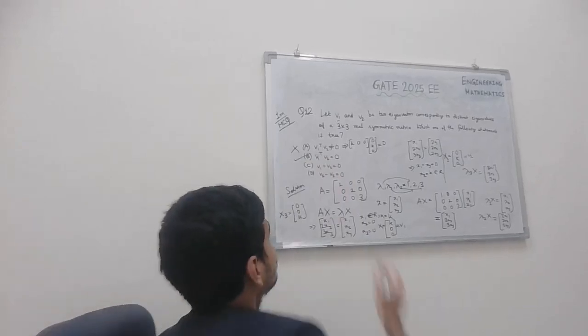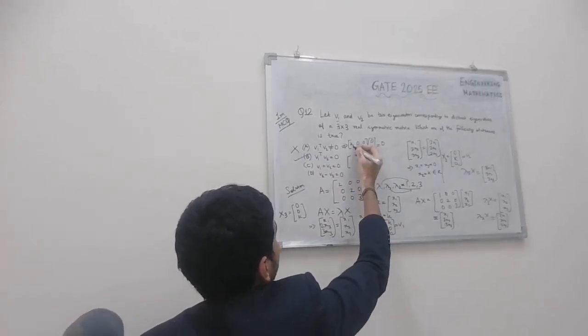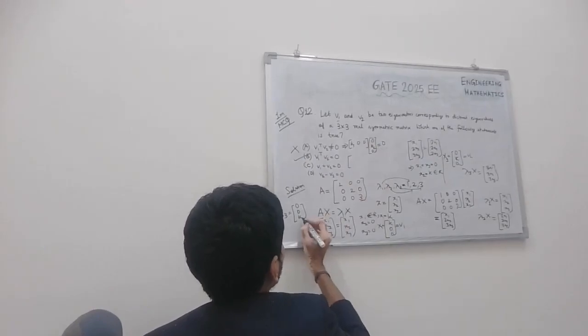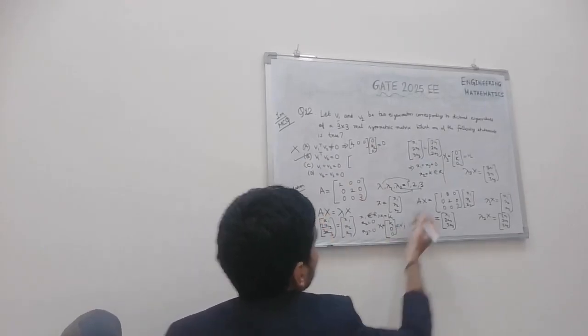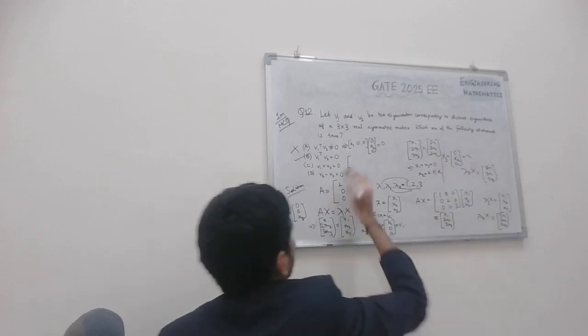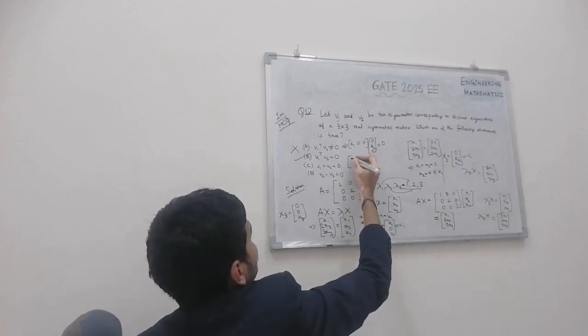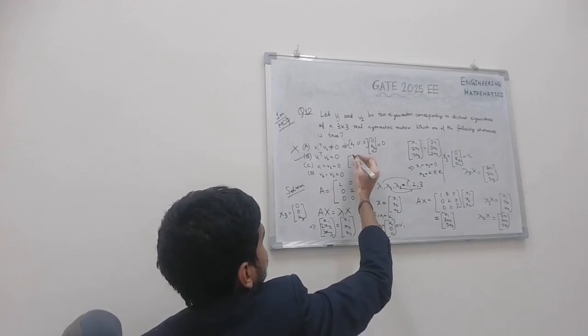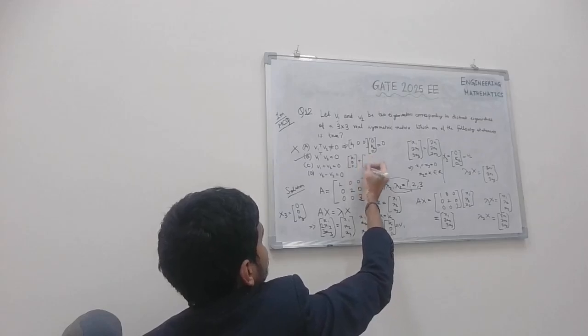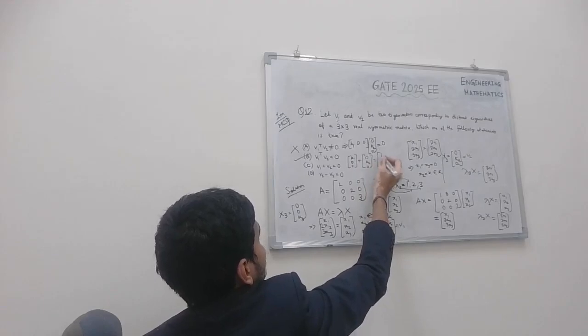Similarly, if we do V1 plus V2, we get k1, k2, 0.